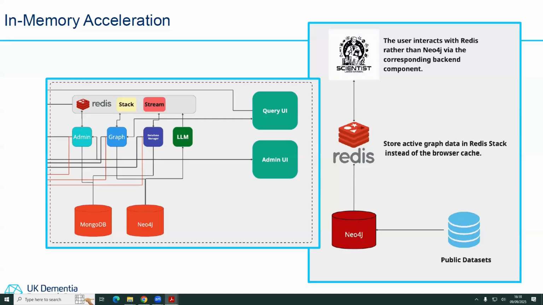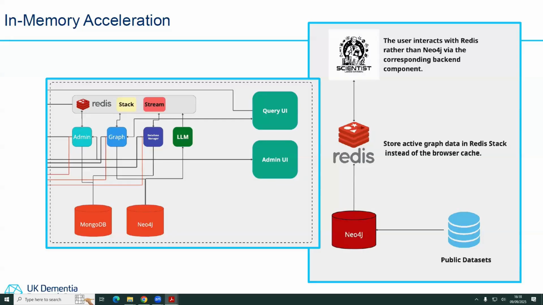When a user sends a query to DataMap, it brings a projection of the graph to Redis Stack, and the user interacts with Redis Stack instead, which improves hit rate and also reduces latency.